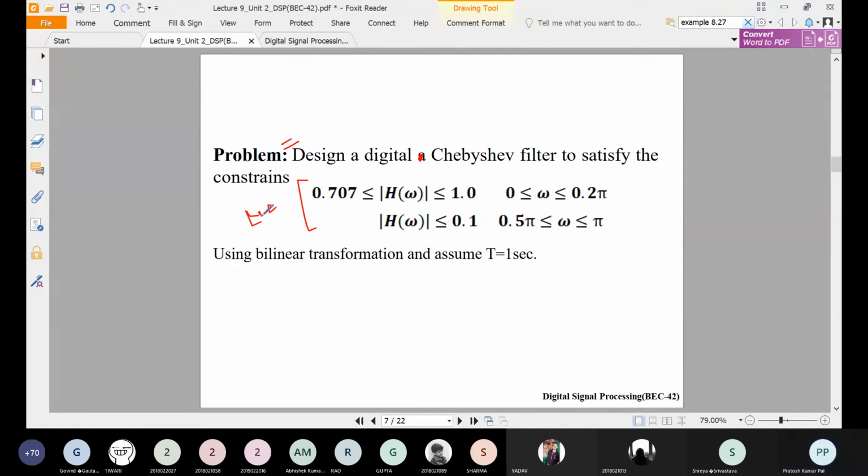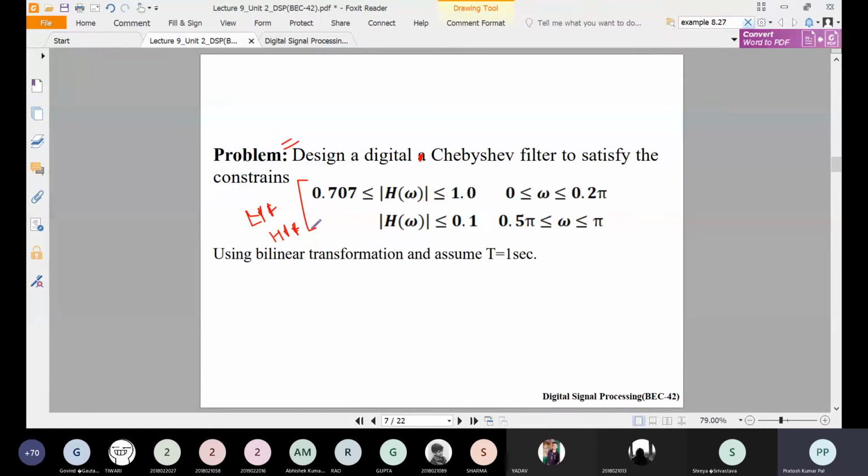But there may be another transfer function specification that could be given for a high pass filter. If it is given for a high pass filter, then the specification will look similar, but the difference will be the magnitude.